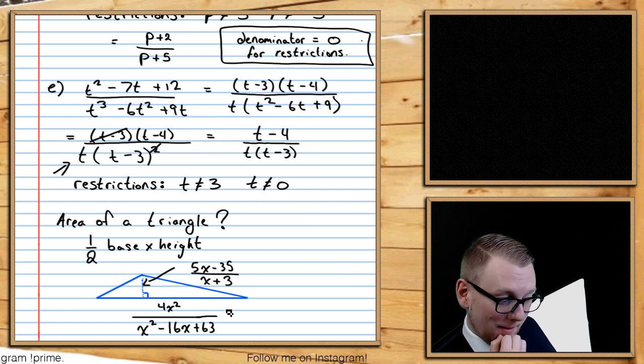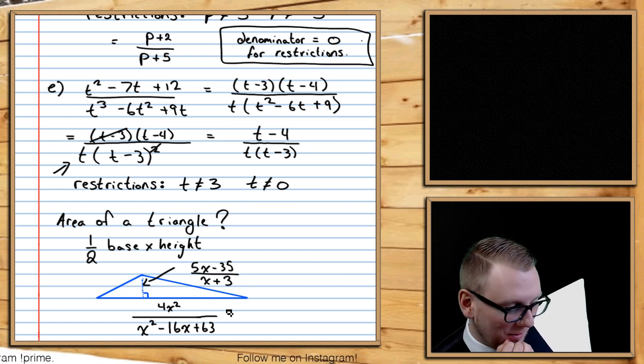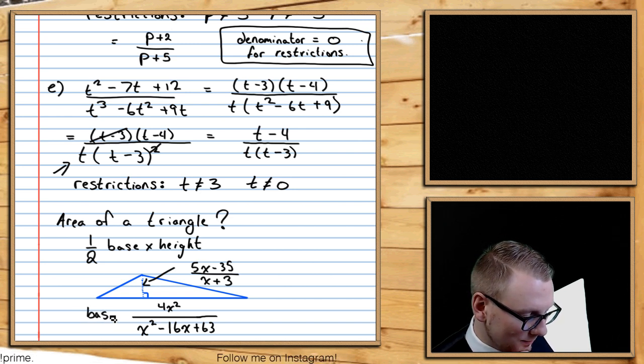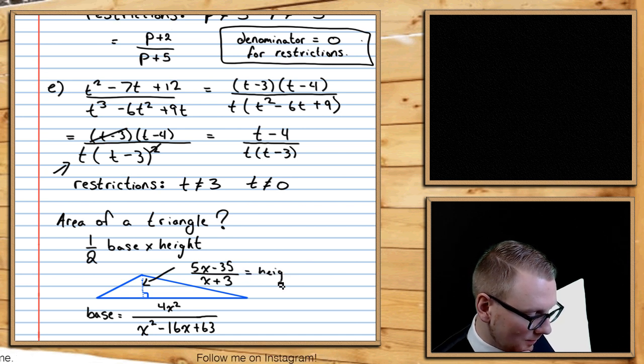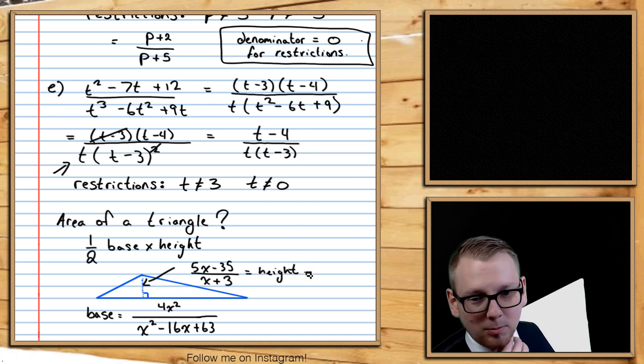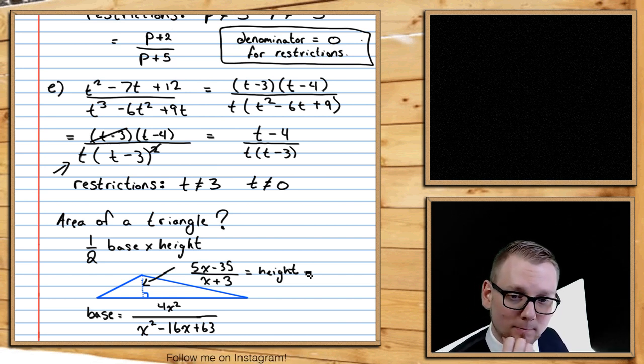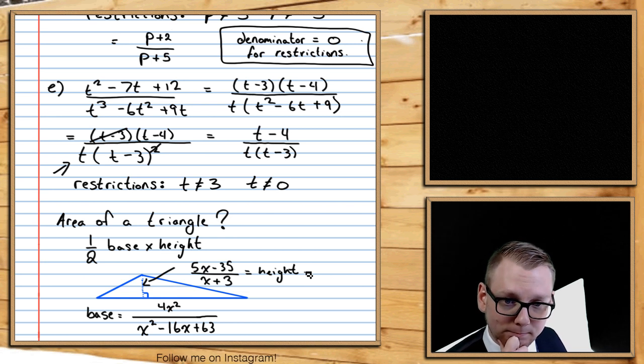So now all I have to do is say that this is the base and this is the height. And you should be able to solve the rest of the problem because it's just filling in what we did.